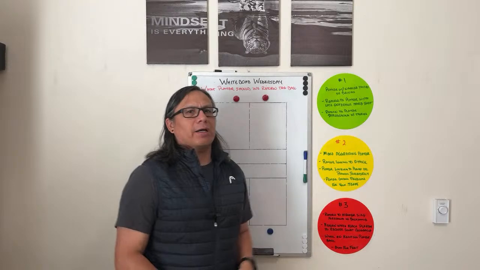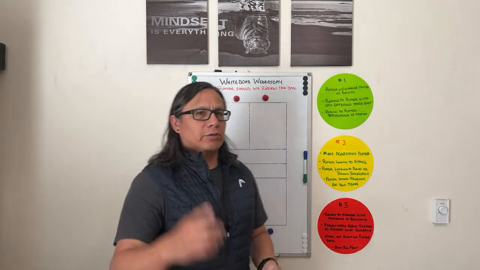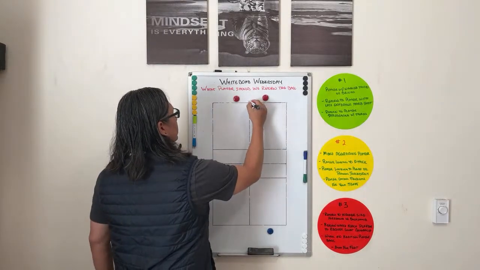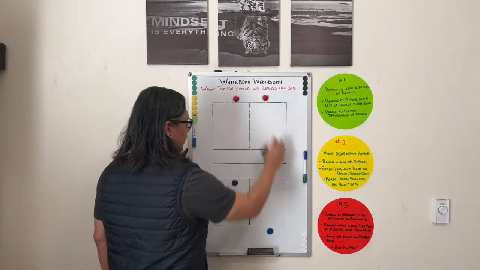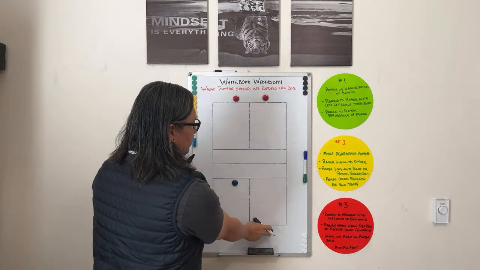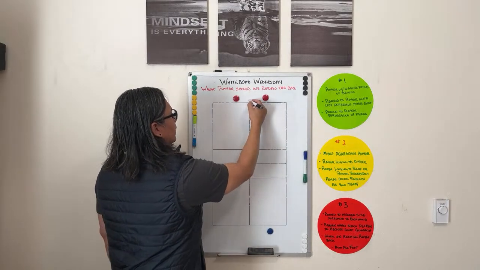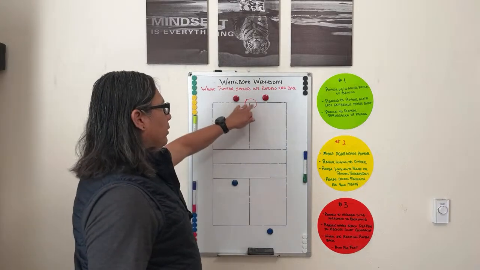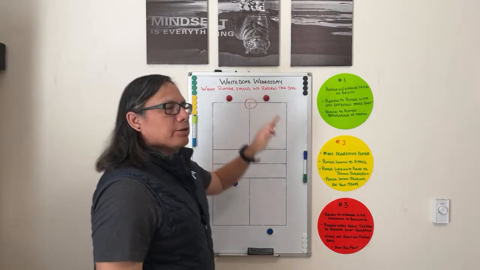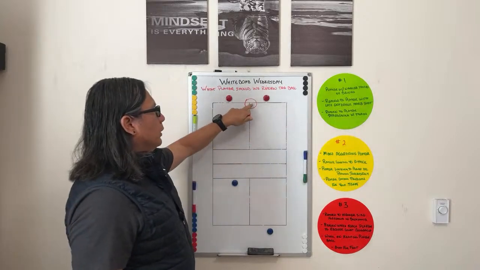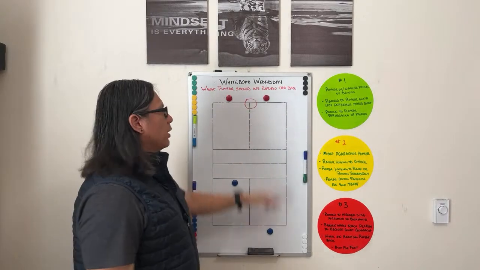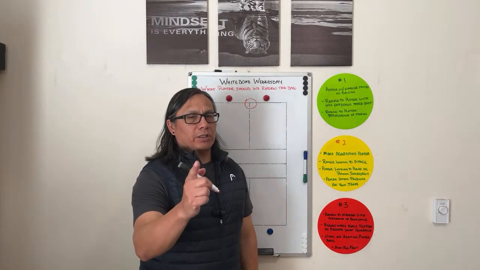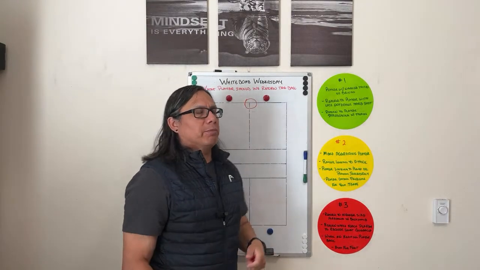So let's talk about the return shot. Typically when we're first teaching the return, this is the return team, this is the serve team, and this is the returner here. Typically we're talking about returning it to the T right here in between these two players to get it as close to the baseline as possible and also keep it in the middle, because a lot of times these two players have not communicated and decided who's covering the middle.